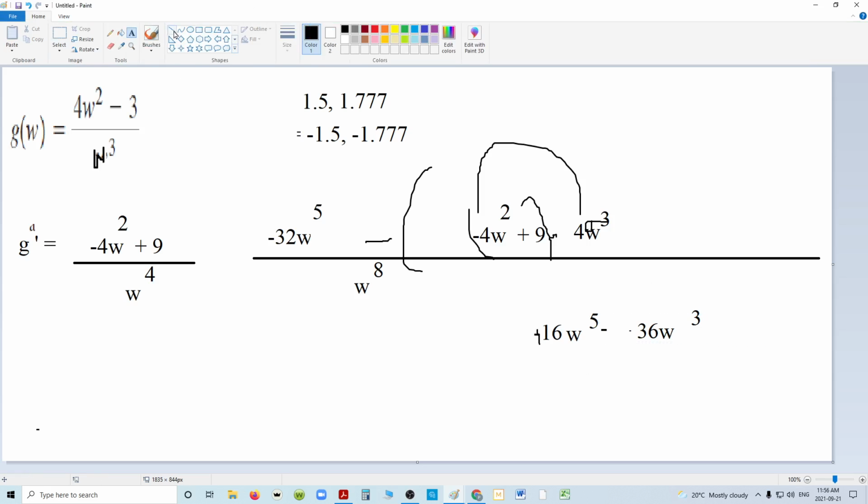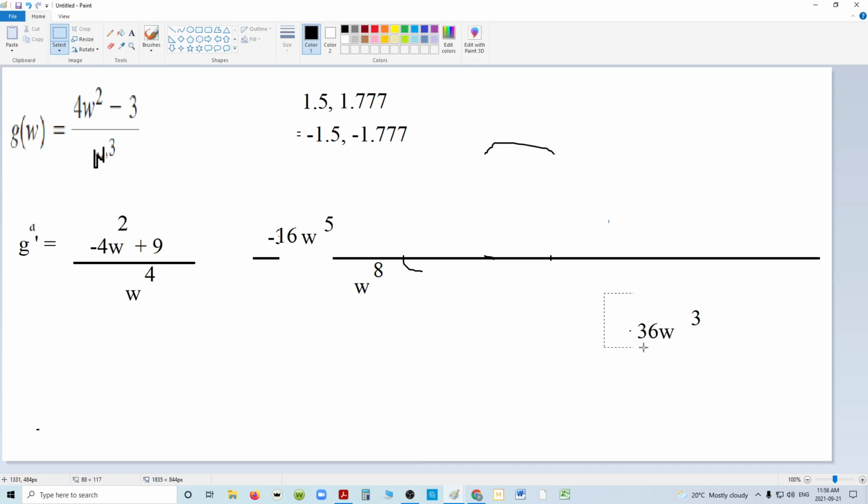So when I look at minus 32w to the 5, plus now 16w to the 5, it becomes minus 16 w to the 5. So I can just take this w to the 5 and put it in front of that minus like that. And the second one becomes a positive 36.